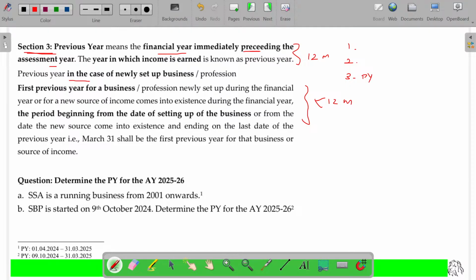Now, previous year in case of a newly set up business or profession. If any new business or profession started, right? If I am a doctor and I practice, then it's called a profession. Nearby, I may have a medical shop, then it's my business. The slight difference between profession and business is based on educational qualification and experience.